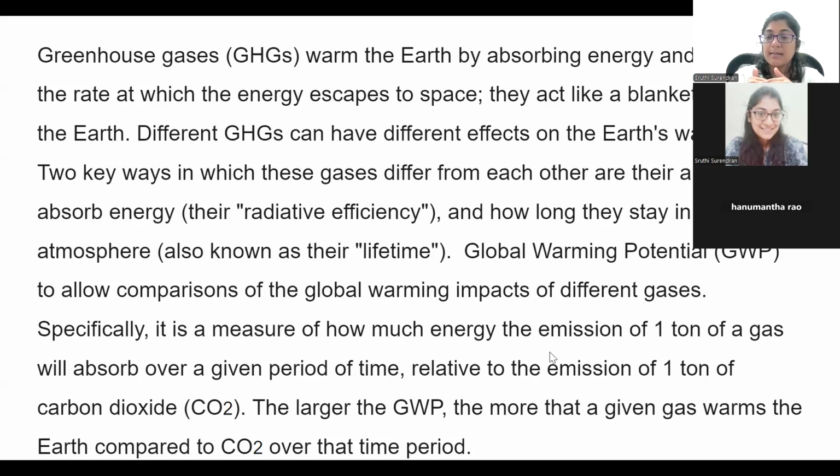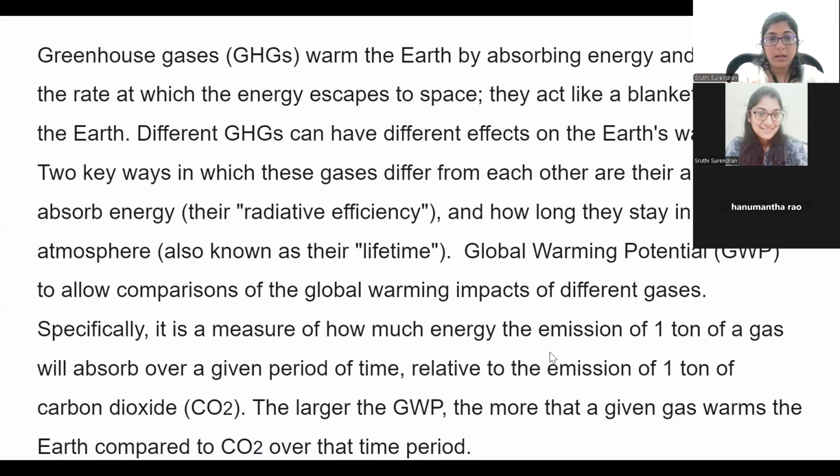So what is going to be the global warming potential of other gases like methane, nitrous oxide, CFCs, HFCs is what we are talking about when we say that this gas is this many times more potent than carbon dioxide. So basically, the potency is the ability of this gas to absorb the energy and slow down how much energy is escaping to space.